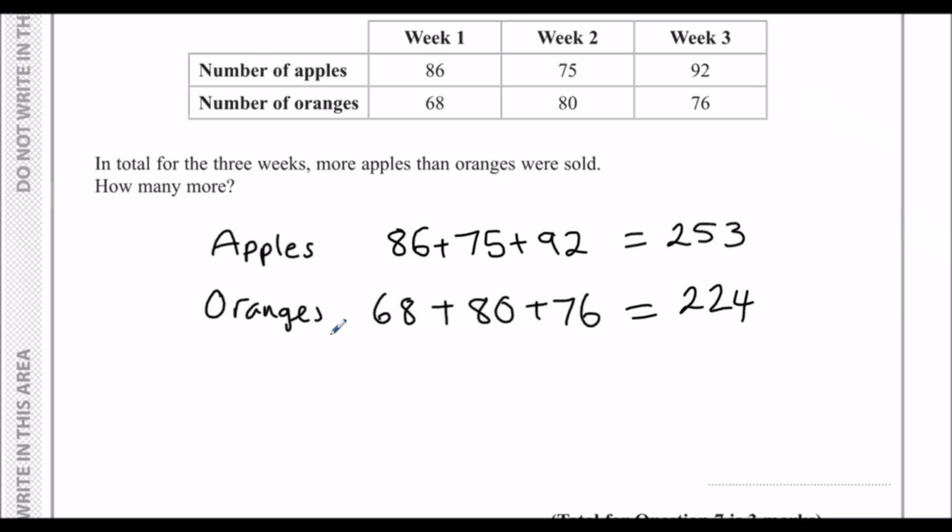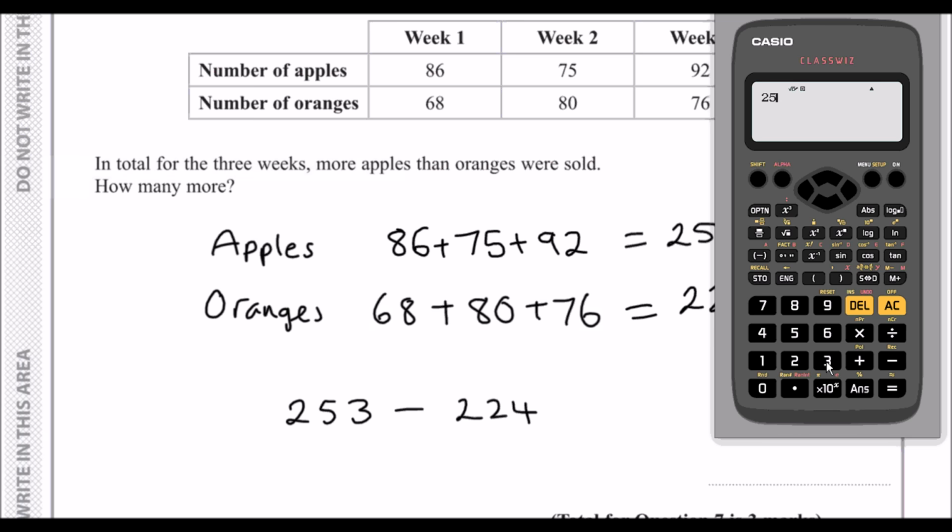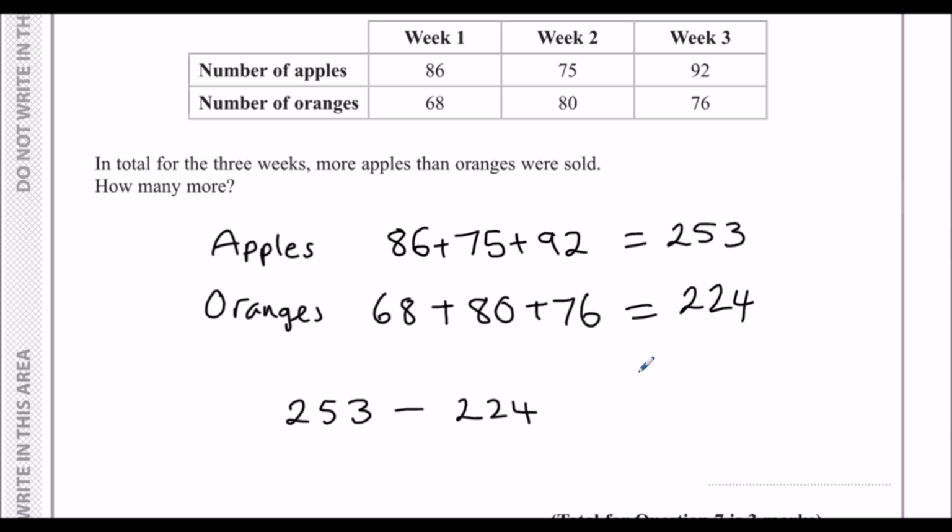So we'll do the number of apples sold, 253. Take away the number of oranges sold, 224. So 253 take away 224 is 29. So that is our answer. There are 29 more apples sold than oranges.